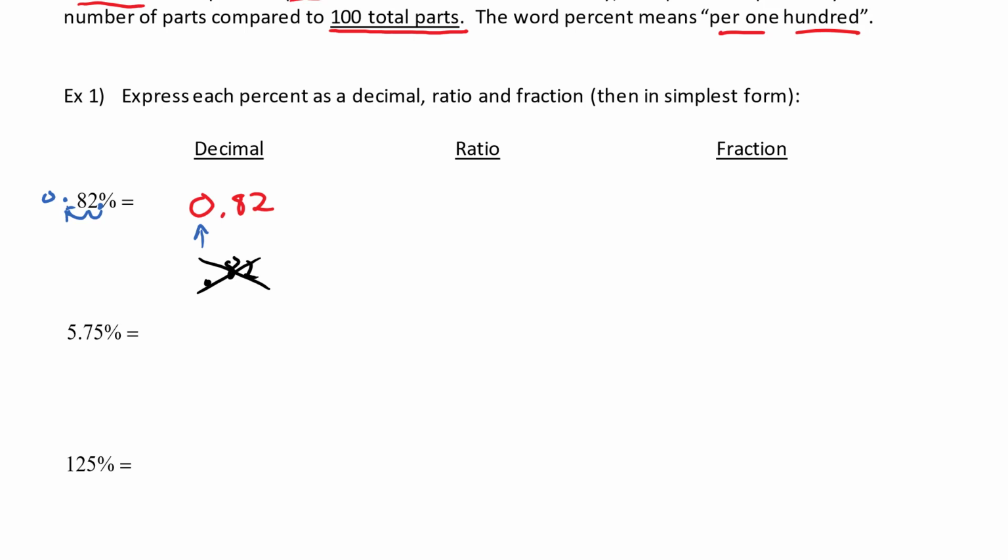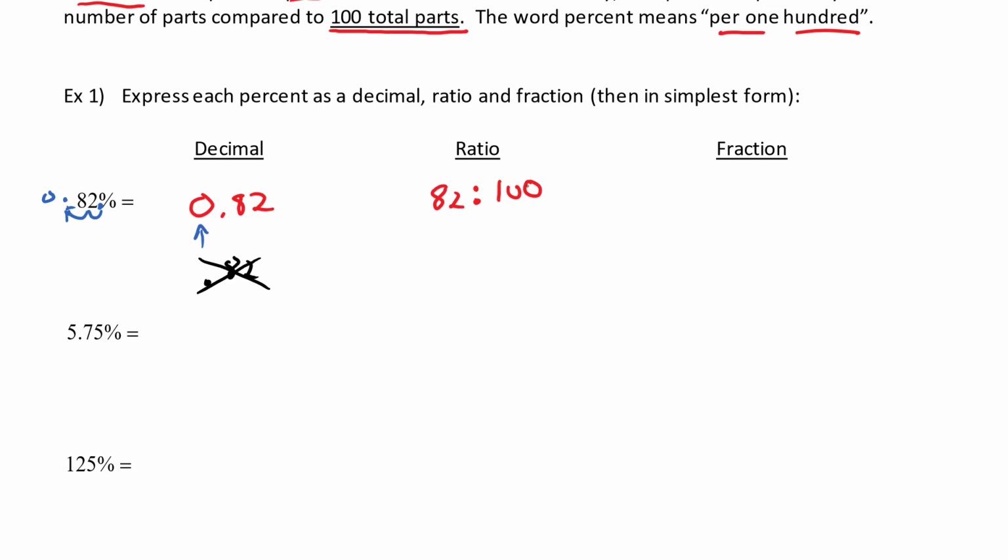Notice 0.82. We're talking about a number less than 1. Well, 82%. If you got 82% on a test, you didn't get all of it right. You got 82% of it right. Out of 100 total marks, you got 82 of those possible marks. Let's examine how 82% is expressed as a ratio. So we will compare 82 compared to 100.